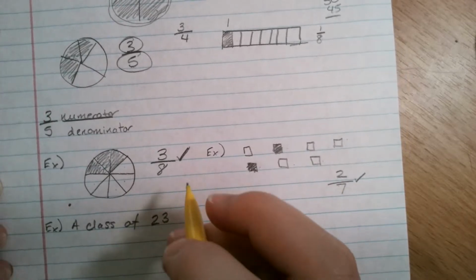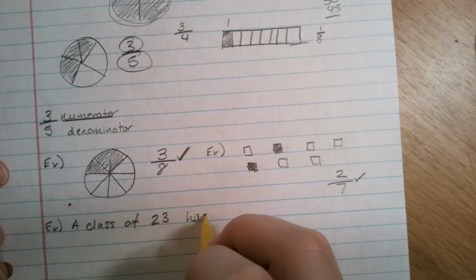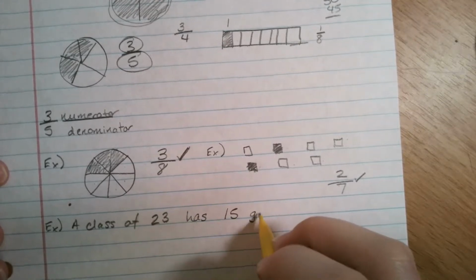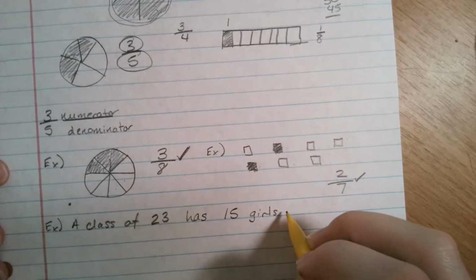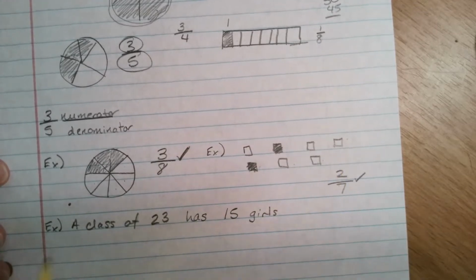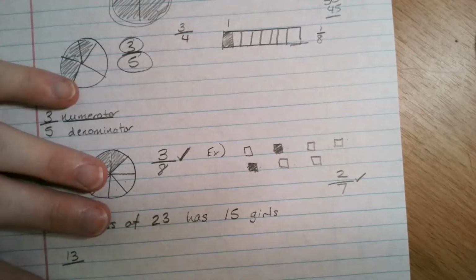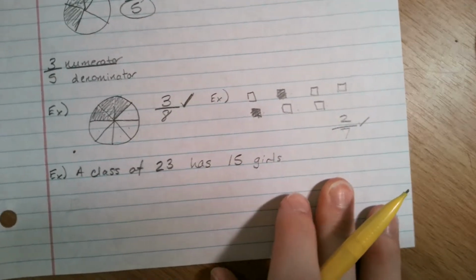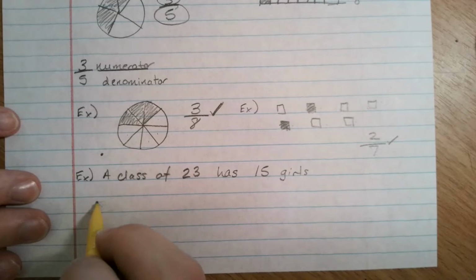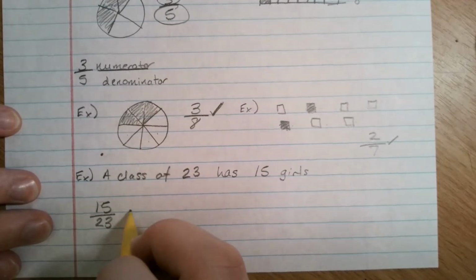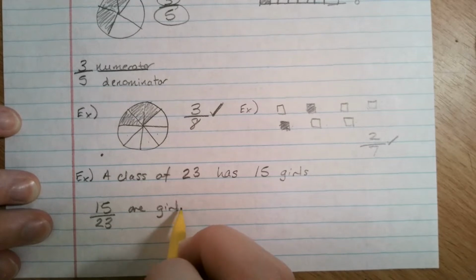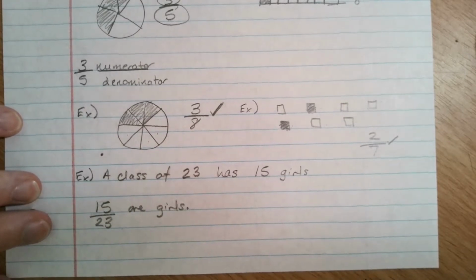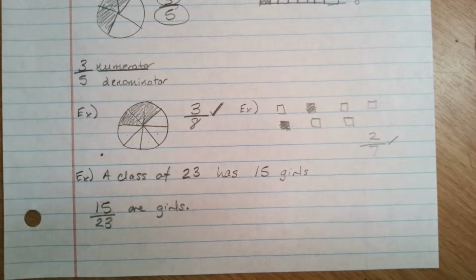A class of 23 has 15 girls in it. So that means 15 of the 23 are girls.